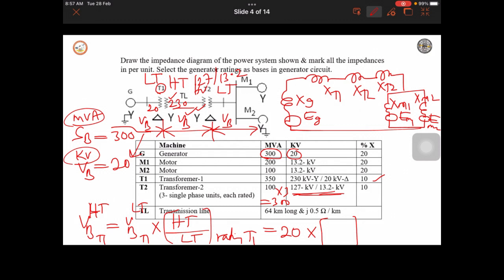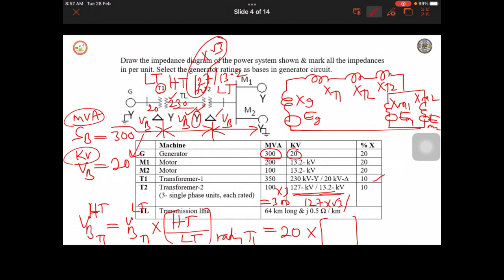See here, this is star, therefore 127 you should multiply by root 3, because it is the star side. So, then 127 into root 3 divided by 13.2, that is delta.